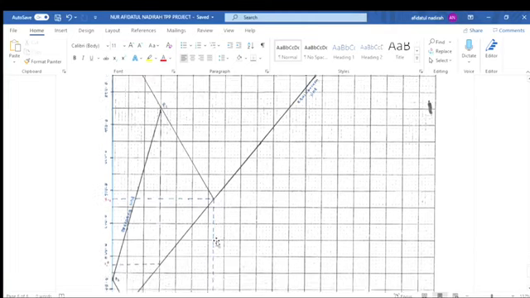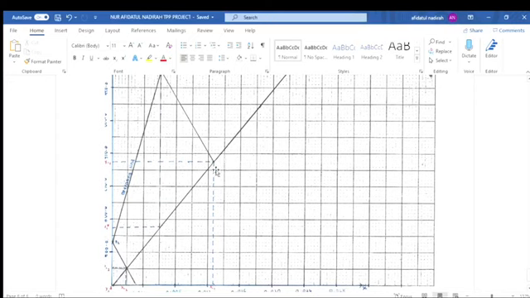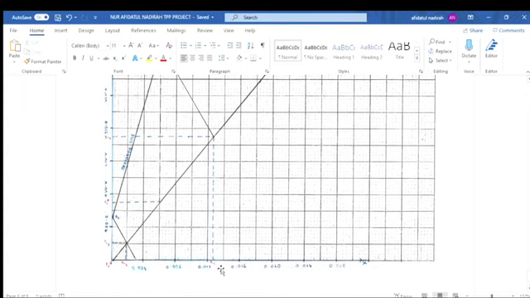After it touches the equilibrium line, we will get this intercept. The intercept, we drag it to the x-axis to get the xi1 value, which is 0.013, and drag it to the y-axis to get yi1, which is 0.015. So that is how we get the values of xi1 and yi1.